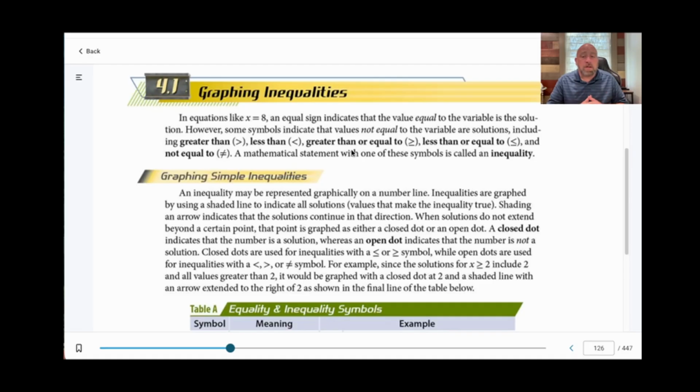But here in algebra we're going to find out that you could have something that says x does not equal 3. In other words, x could equal any other number. The only number it cannot equal is 3. Okay, so that's what we're going to be dealing with here. Then you could also have x is greater than 3. So x can be any number as long as it's greater than 3. It can't be 3. It can't be smaller than 3, but it could be anything bigger than 3.